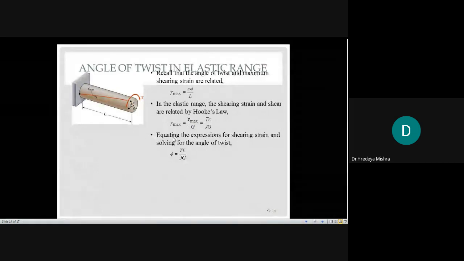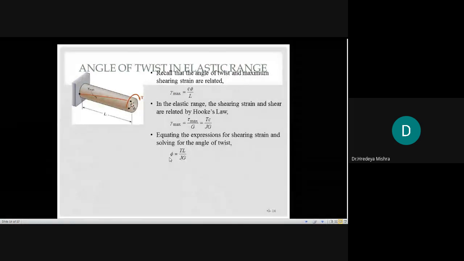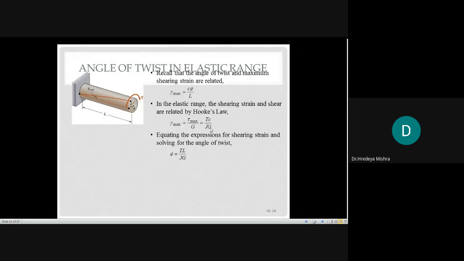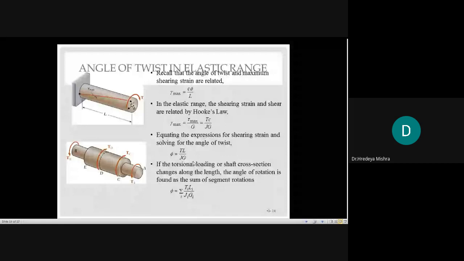Equating the expressions of shear strain and solving for the angle of twist, we get phi equals TL upon JG. This is the important formula.